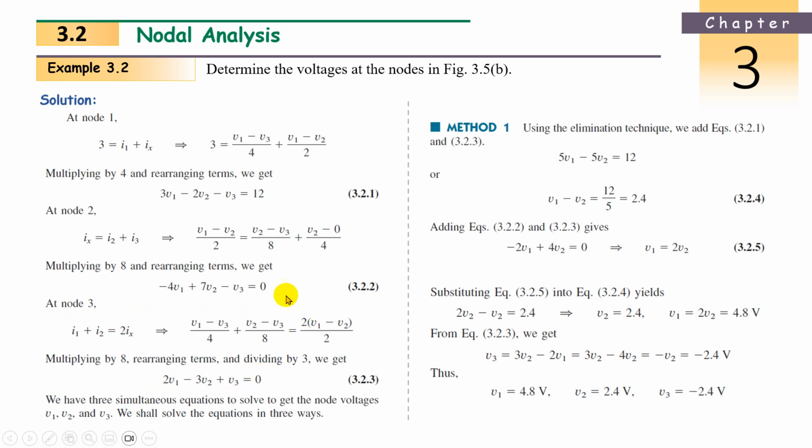So this is one equation, this is another equation, this is the third equation. All contain V1, V2, V3. Variables on the left side, non-variables on the right side. By elimination technique, you will get V1, V2, V3 as 4.8, 2.4 and minus 2.4. Elimination technique, you can get it, but I prefer the matrix method. Okay.